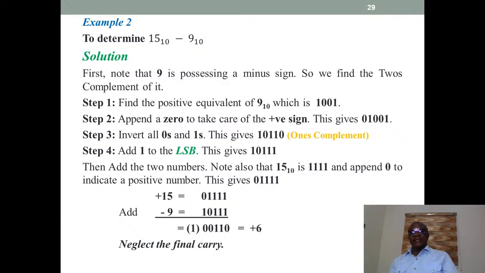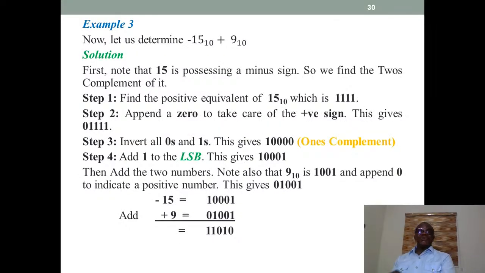It is more than the bit, so you see that there is a carry on the left. You neglect the carry. Automatically, the computer gives you your answer as 00110, which is plus 6 in real life.